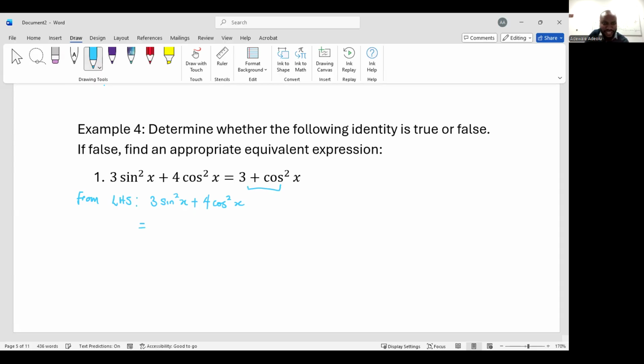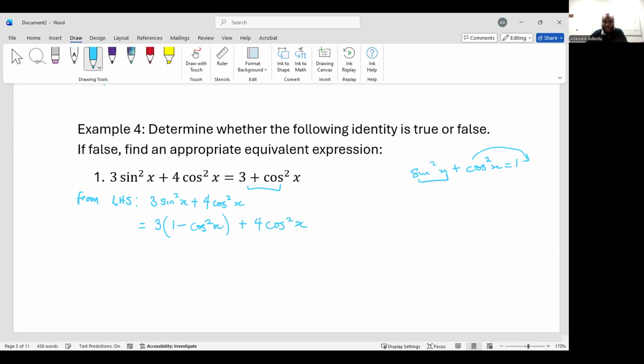Well, meaning I can rewrite this as 3. Remember that from sine squared of x plus cosine squared of x equals 1, I can rewrite sine in terms of cosine. So that means I can have 3 times 1 minus cosine squared of x, plus 4 cosine squared of x.